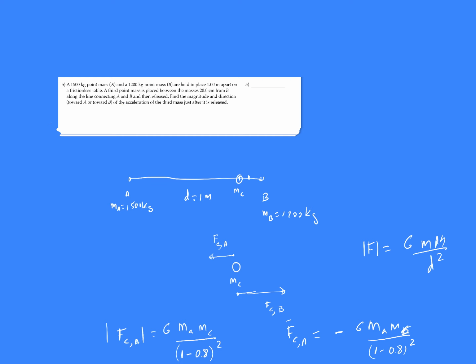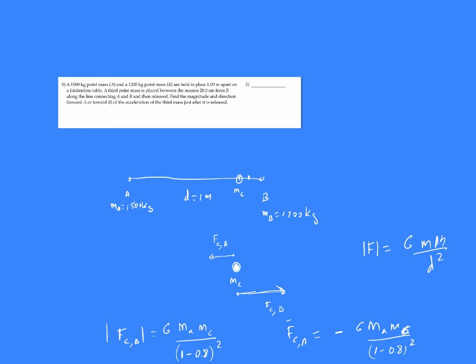So the mass MC will receive two forces. On one side, the mass MA will make a force on C pulling the object to the left. On the other side, the mass MB will make a force on little m, MC, pulling this object to the right.